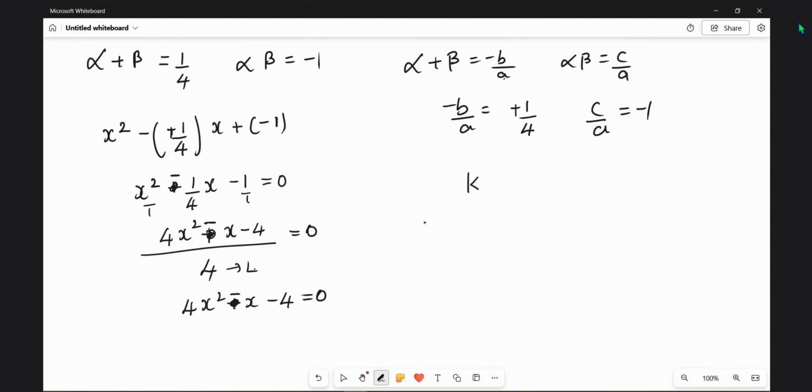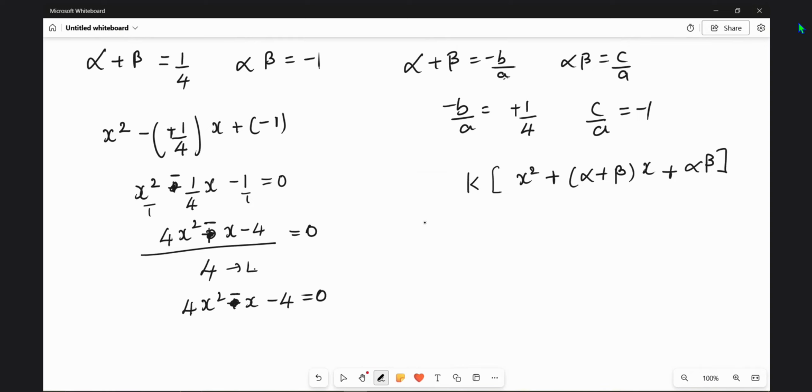K into bracket x square minus bracket alpha plus beta, again x, plus alpha beta, equal to 0.